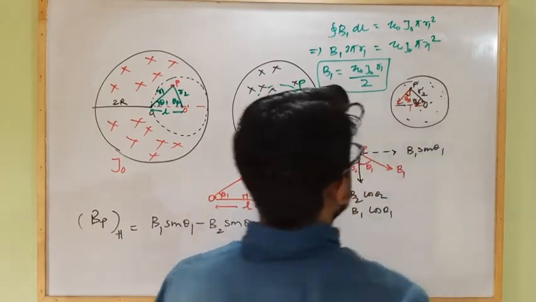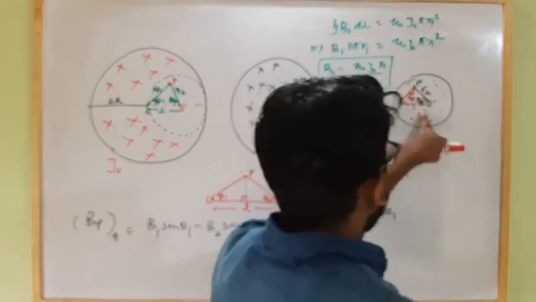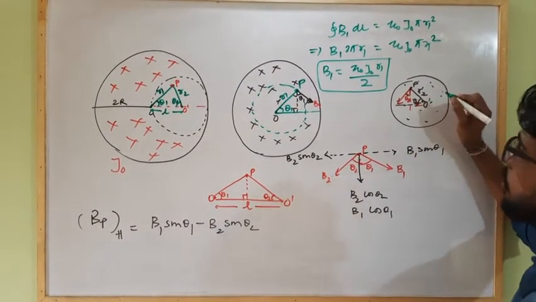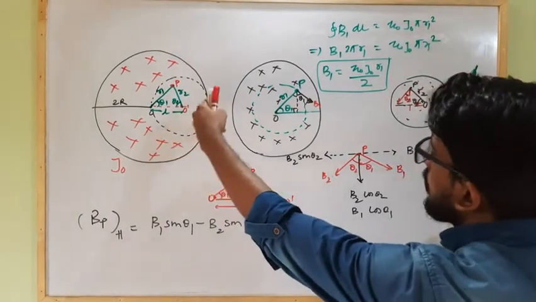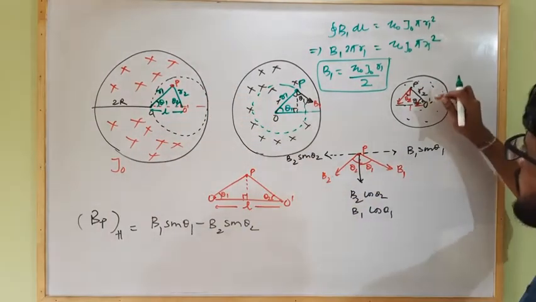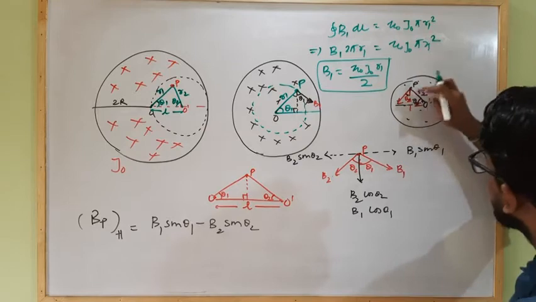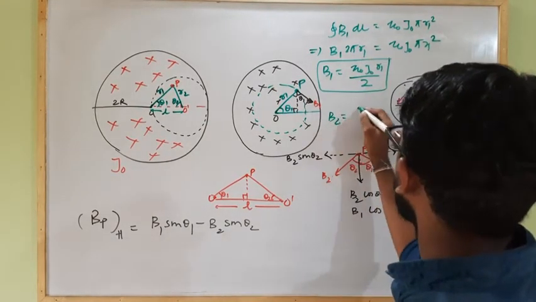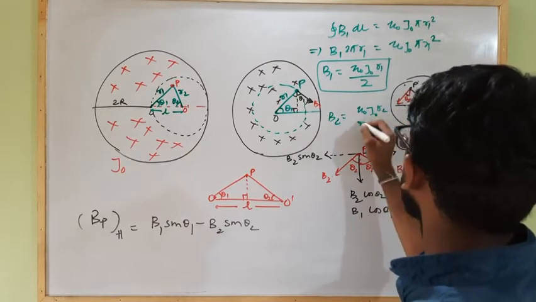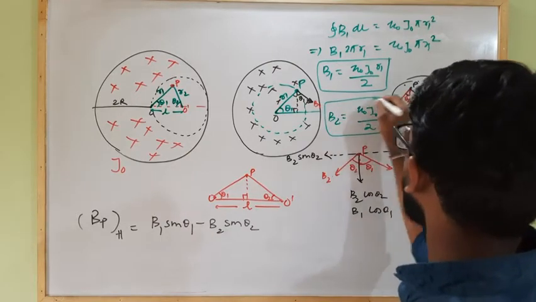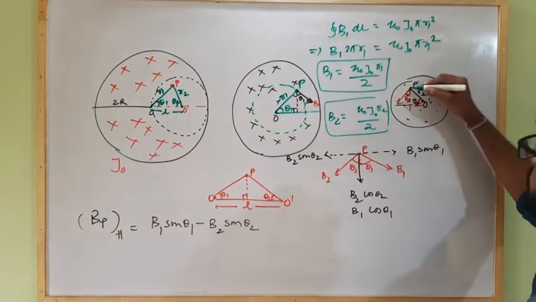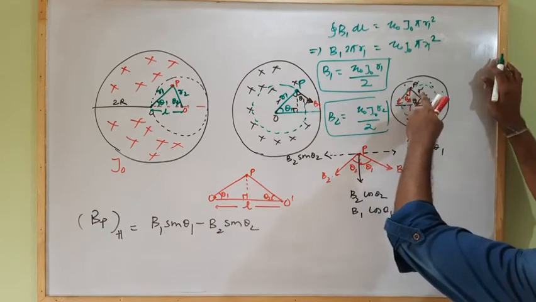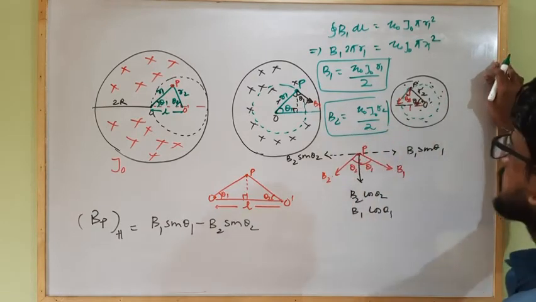Similarly, for the cavity sized current carrying conductor of radius r, again the point of observation will be within it. Again, B2 will be how much? Similarly to B1, B2 will become mu naught J naught R2 by 2. B2 is inside the current carrying conductor, the distance is R2, so this will be mu naught J naught R2 by 2.